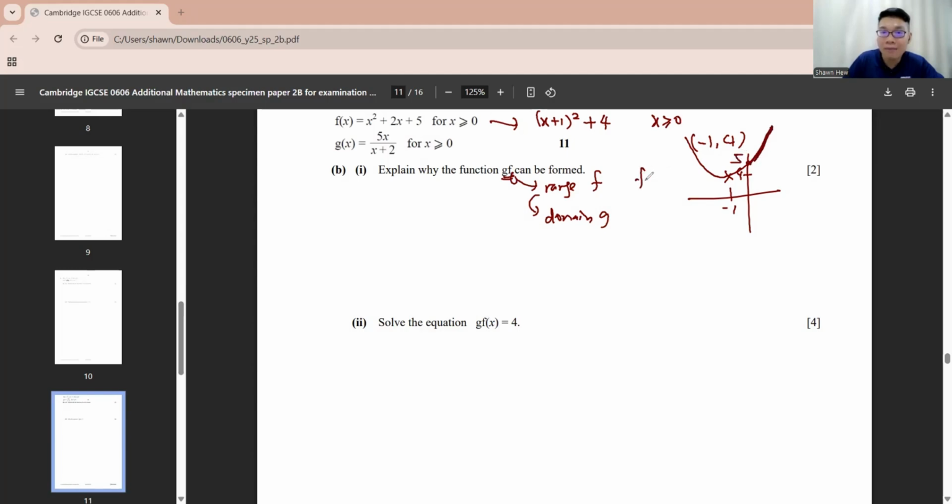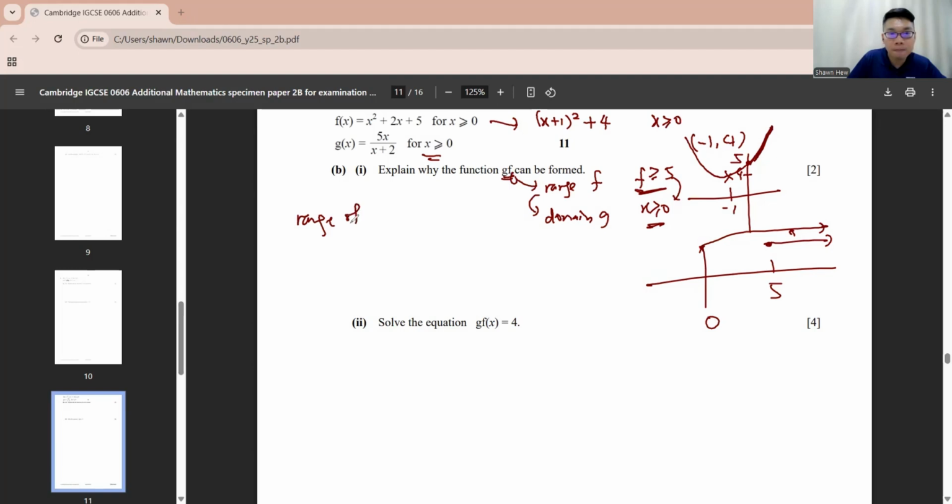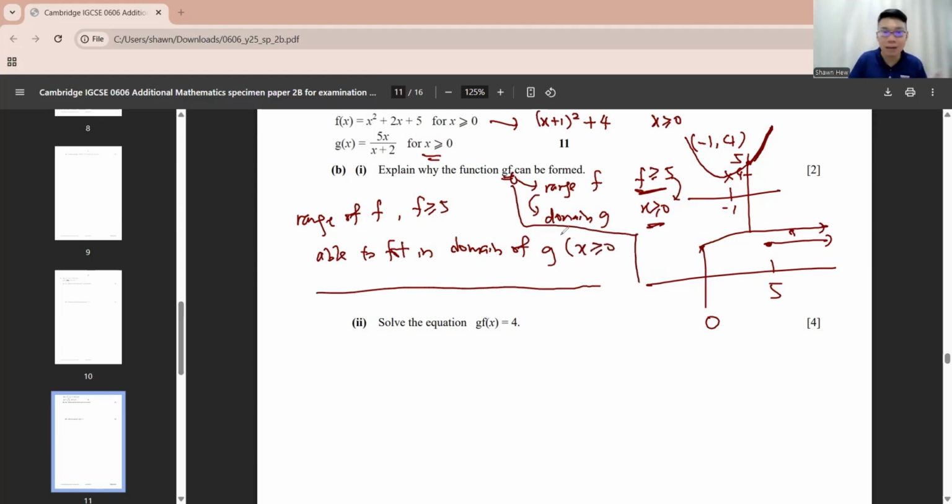So your f is more than or equal to 5. Then the domain for g is given x more than 0. Can you see this is able to fit into here? So we can explain that the range of f is able to fit in the domain of g. That's why the function gf(x) can be formed.